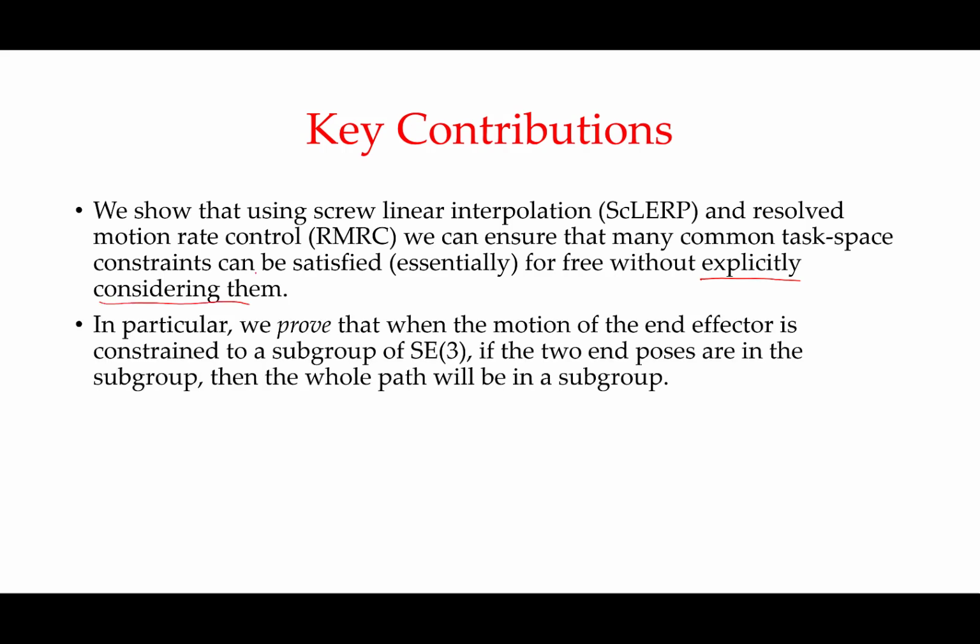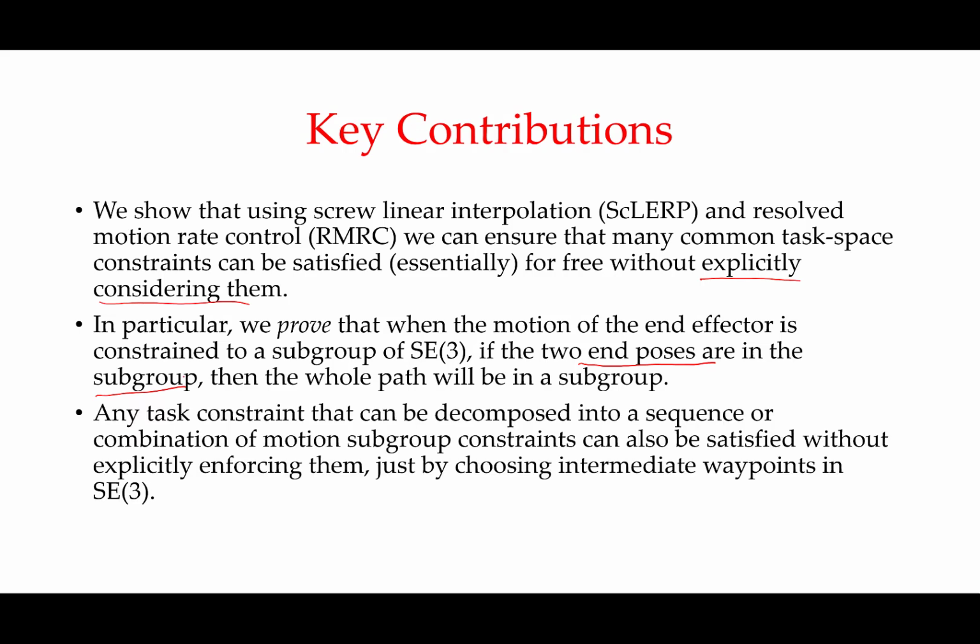In particular, we prove that when the motion of the end effector is constrained to a subgroup of SE3, if the two end poses are in the subgroup, then the whole path will be in the subgroup. Consequently, we can show that any task constraint that can be decomposed into a sequence or combination of motion subgroup constraints can also be satisfied without explicitly enforcing them, just by choosing intermediate waypoints in SE3.